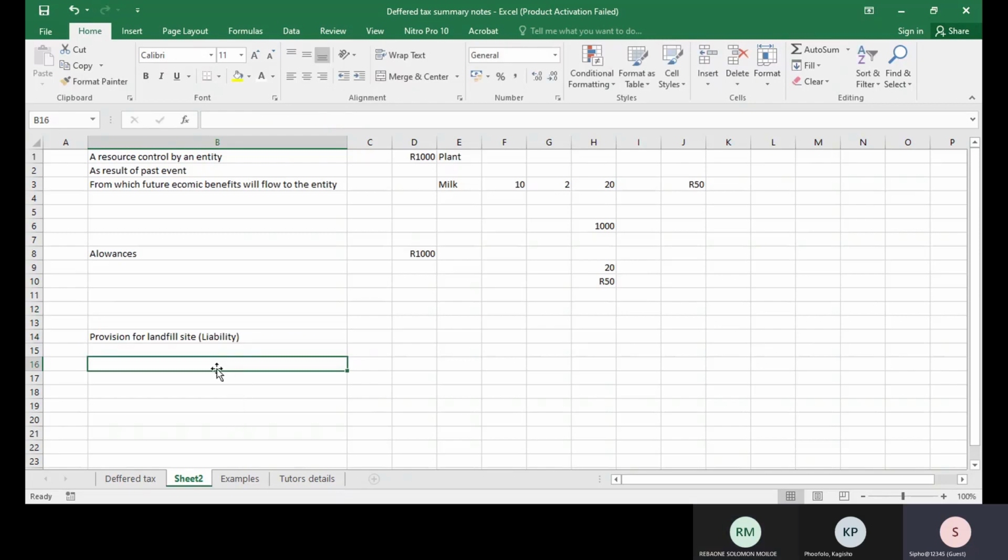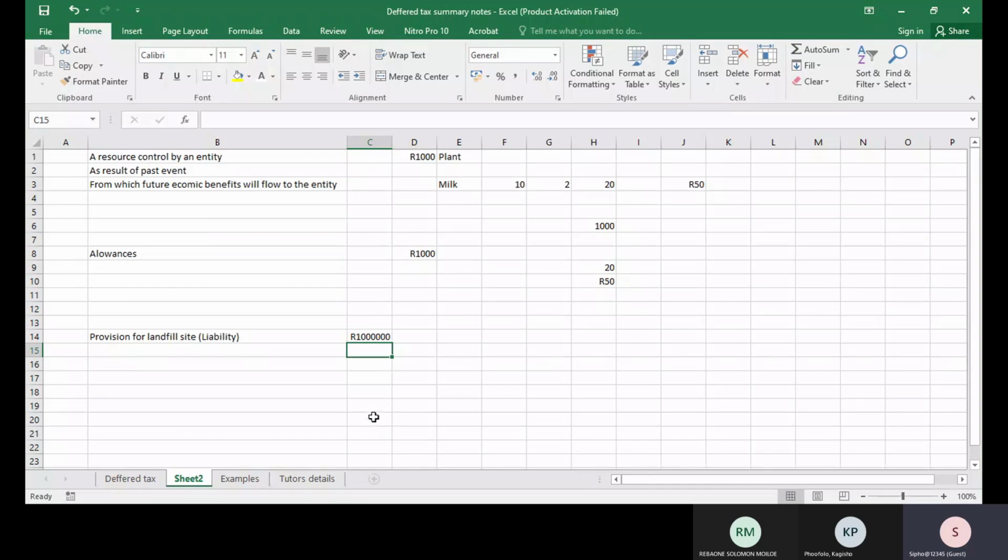So basically, provision for landfill site, it's a liability, right? Let's say at year end in our balance sheet we are sitting with a liability of $1 million. What does this mean, Simon?